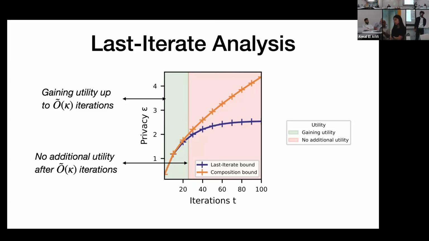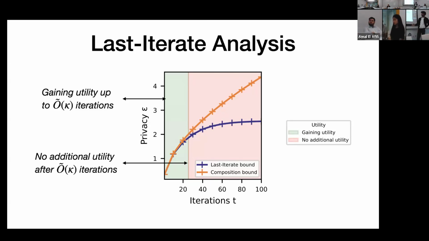Great. And then is the takeaway message that the benefit of privacy amplification by iteration is that if you overshoot on your number of iterations, because you don't know how many you're going to need to converge, then this is going to ensure you aren't paying a penalty for those extra iterations somehow? Something like that.